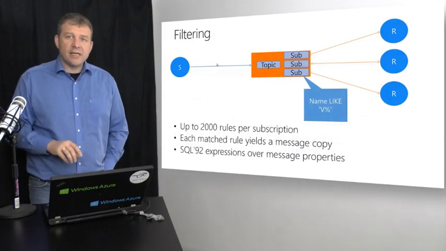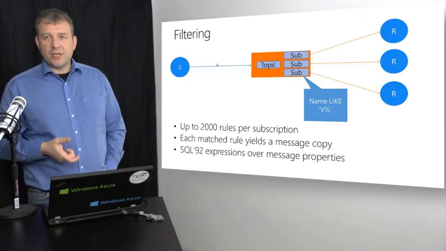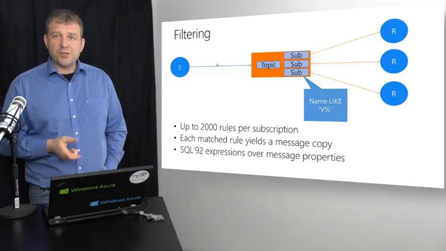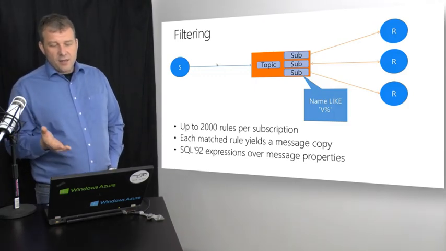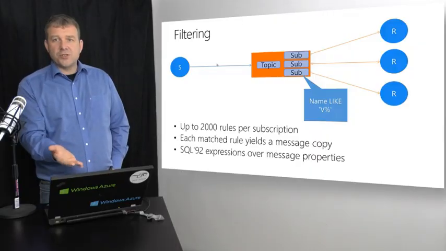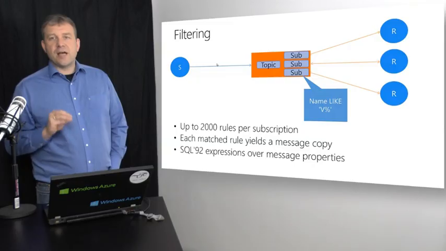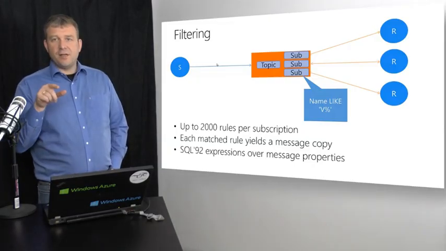So the first thing is filtering, where you go into the message, into the user properties or into the system properties of messages, and run a condition over them. So for instance, here is a rule, one out of at most 2,000 rules you can have per subscription. It's typical that subscriptions have only one of those rules, and you have, for instance, name LIKE 'V%'.